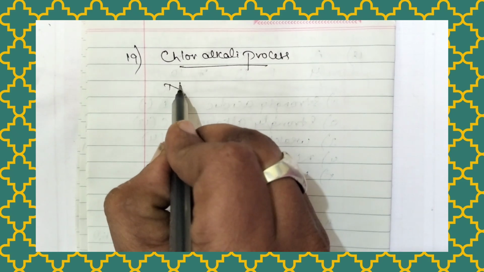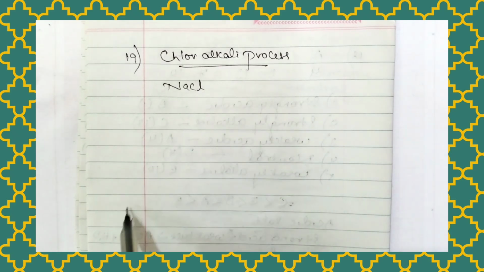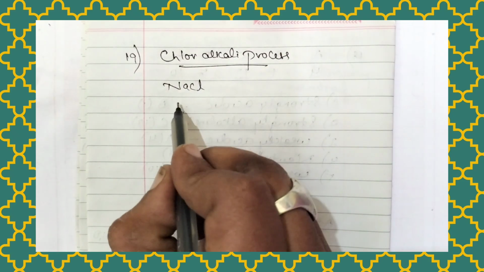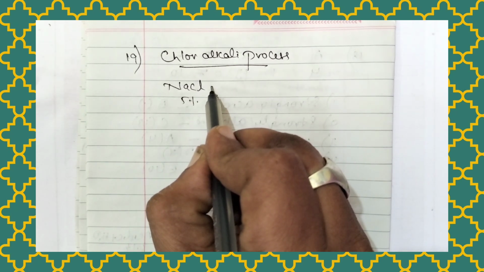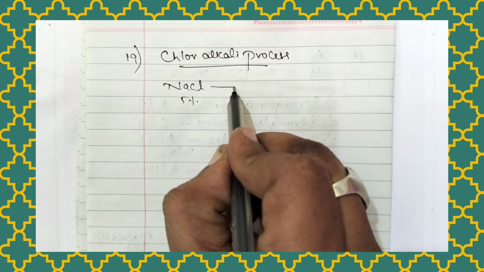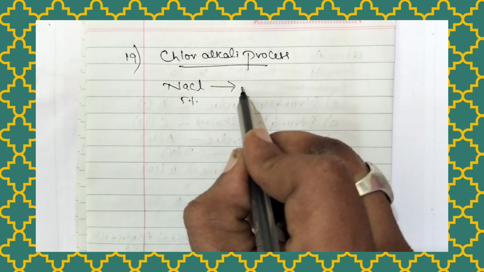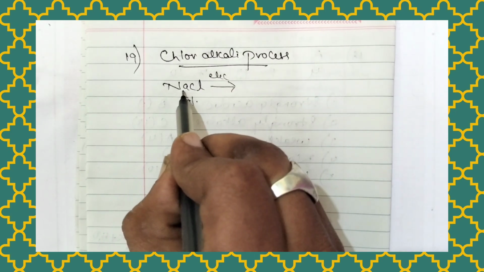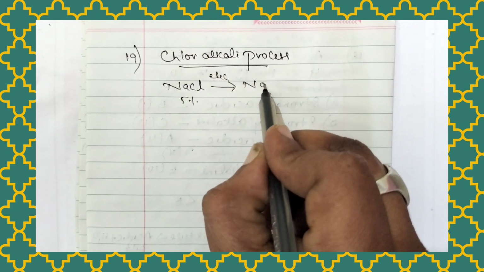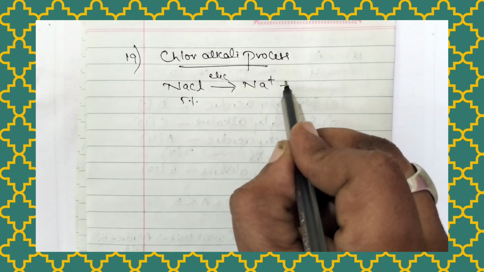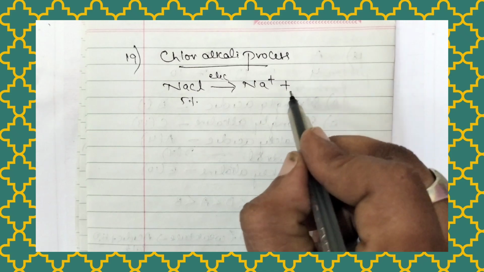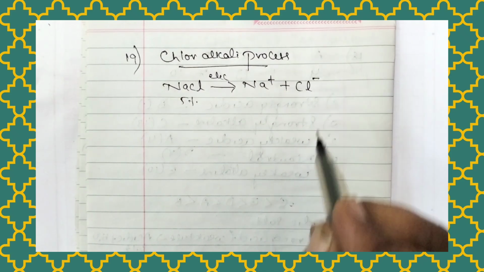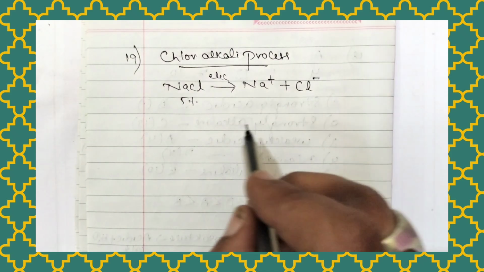Here we take a sodium brine solution, that is 5% sodium chloride dissolved in 95% water, which makes a brine solution. When electricity is passed through, sodium chloride dissociates into Na plus and Cl minus.